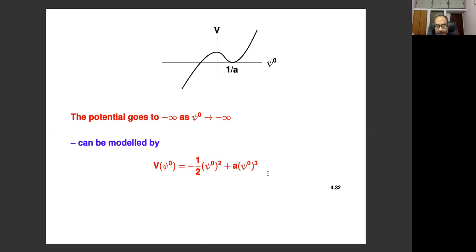And the a psi 0 cubed term basically guarantees that there is a minimum at psi 0 equal to 1 over a. I think I didn't write the potential correctly. I should have also added a constant, because it is known that at the minimum the potential actually vanishes. That's what shows that it's a perturbative vacuum, where the energy, or the action, goes to 0.